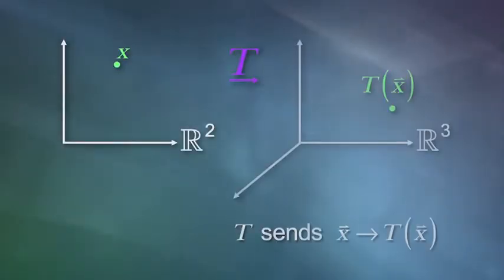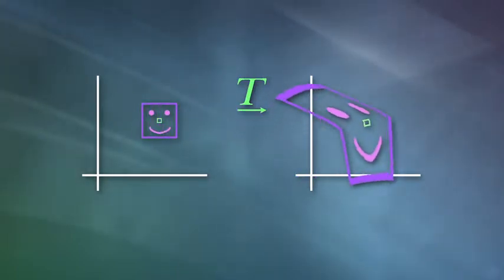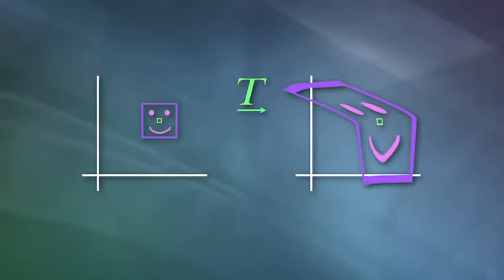And a function T sends a point x to the point T of x, which we call the image of x. This terminology also applies to whole sets. The image of a smiley face is where the function T sends the entire smiley face. And if the function is continuous, the image will look like a warped version of the original set.